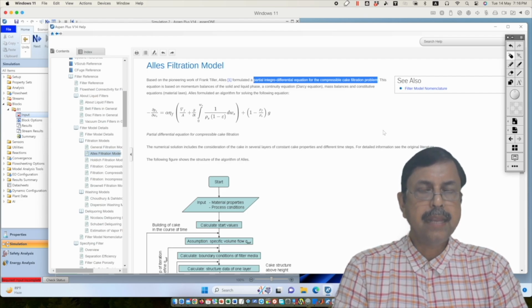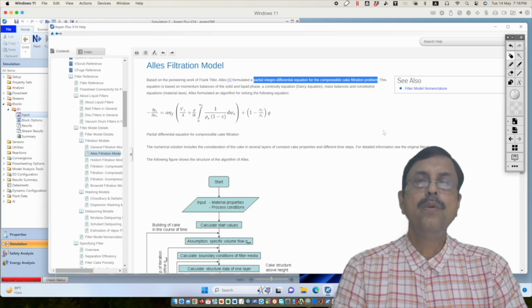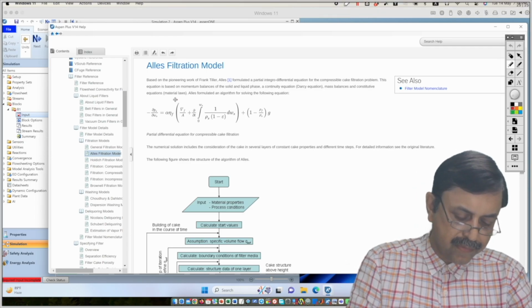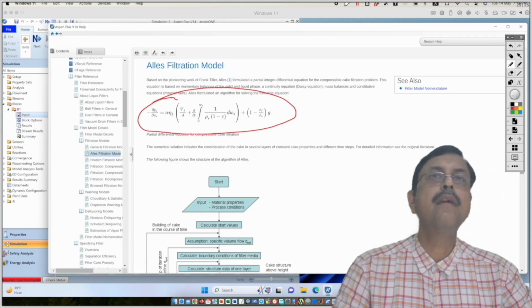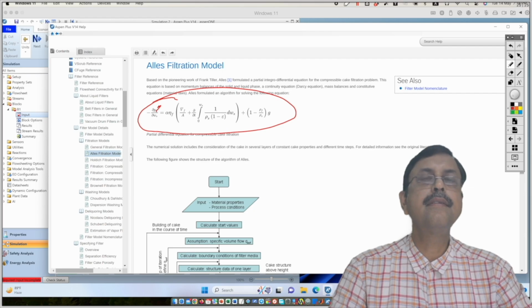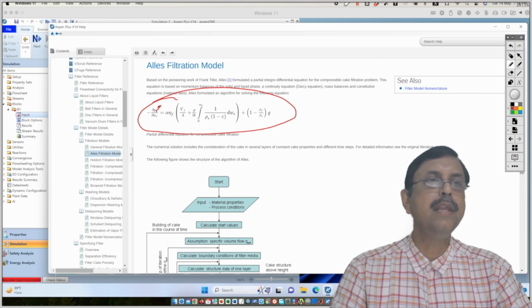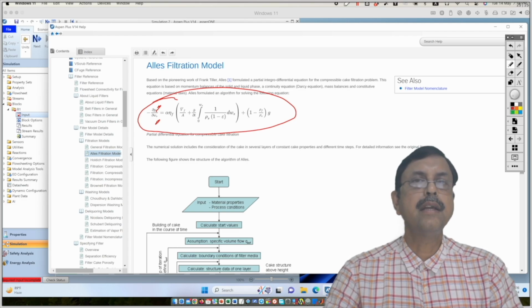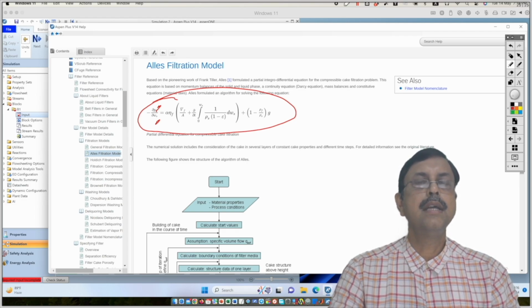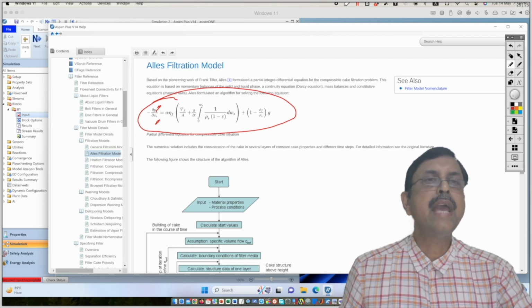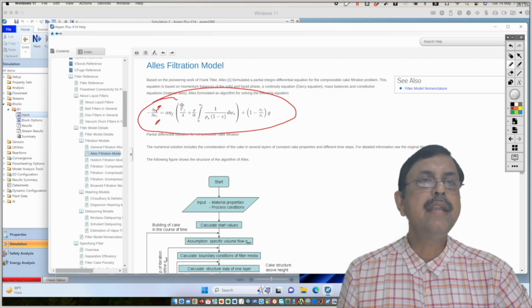But in the Alice filtration model, we assume the cake to be compressible, and this is the formulation. Here we have the PS, that is the pressure on the solid, and WS, the coordinate due to the cake compression. So we have to solve it and find out this VF.